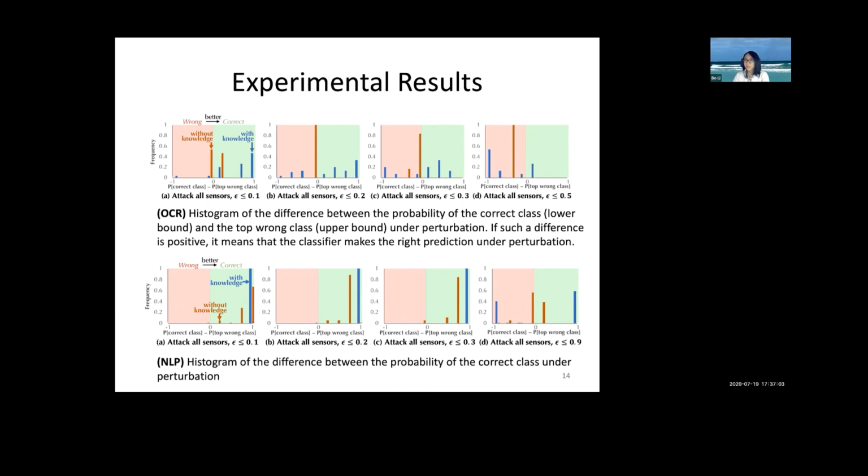But more interestingly, we find that sometimes when the magnitude of perturbation is very large, some blue bars are in the pink range, meaning that with knowledge, I'm actually more confident to drag the prediction to the wrong class. Even though I'm wrong, I'm quite confident because I have the knowledge. So this is very interesting, but unfortunately, we hope it will not happen in practice.